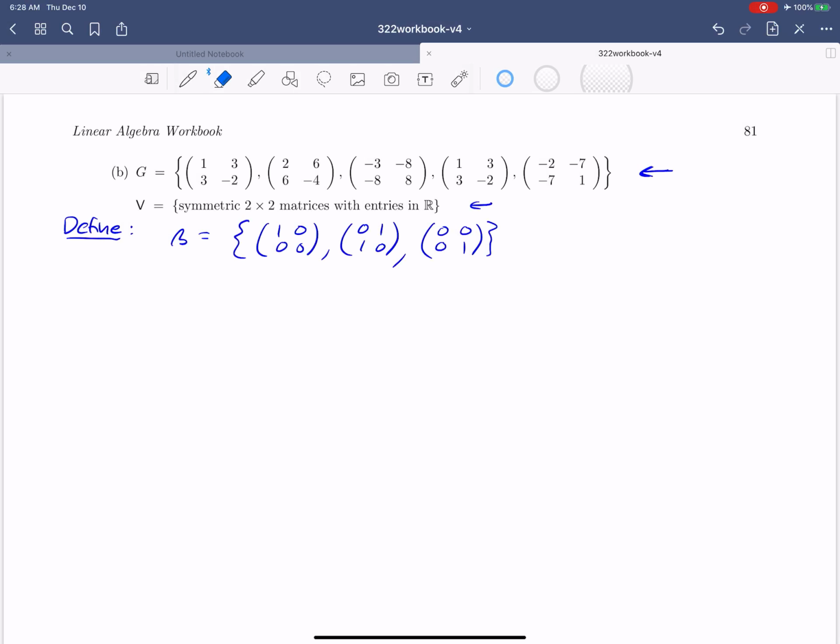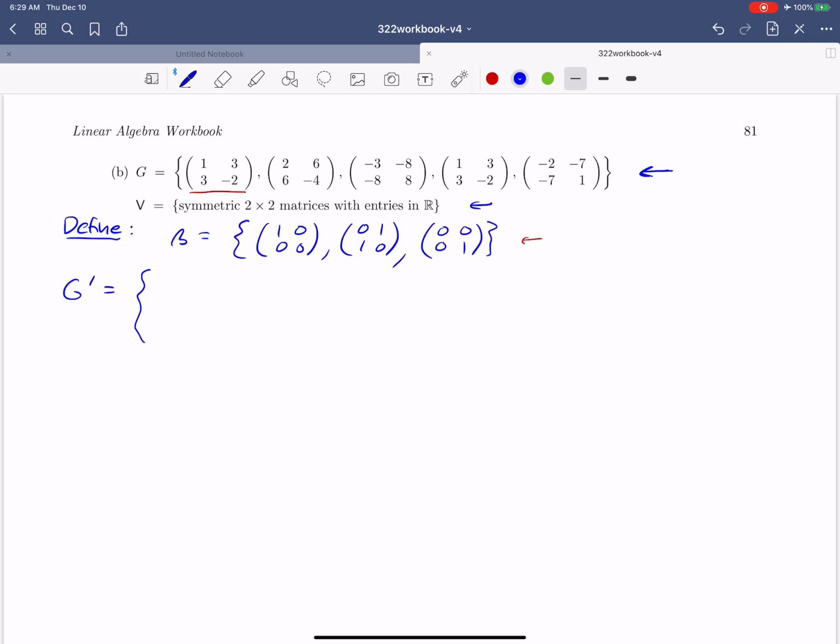There's our basis, and then G prime is going to be the set of coordinate vectors of our matrices one at a time. If we start with the first matrix 1, 3, 3, negative 2, the question is, how do we build it as a linear combination of the vectors in beta? I'm going to write these vectors in column form.